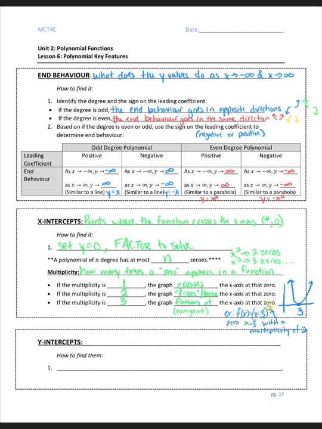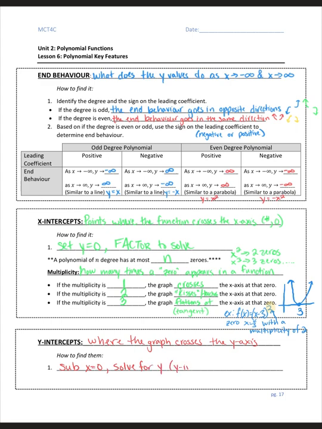Okay, another key feature that we're going to look at is our y-intercept. So like our x-intercept, our y-intercept is just where the graph crosses the y-axis. And to find our y-intercept, we're going to sub in x equals 0 and then solve for y.